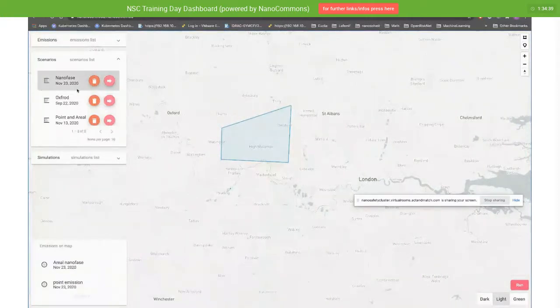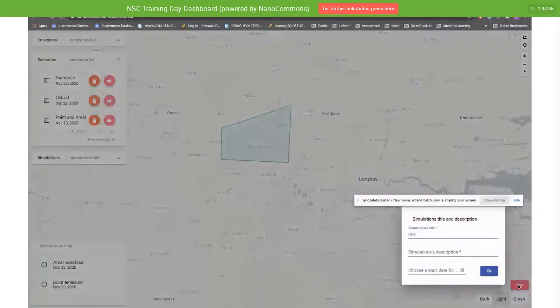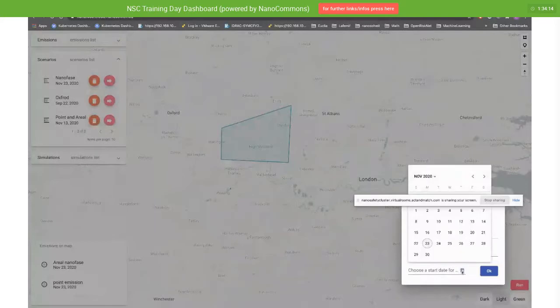So when the scenario is presented upon the screen, then I can go on and create a simulation. I just add the simulation name, the simulation description that I would like to have, and I'm choosing the start date for the simulation.